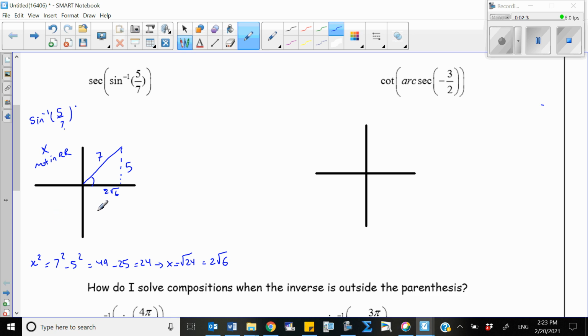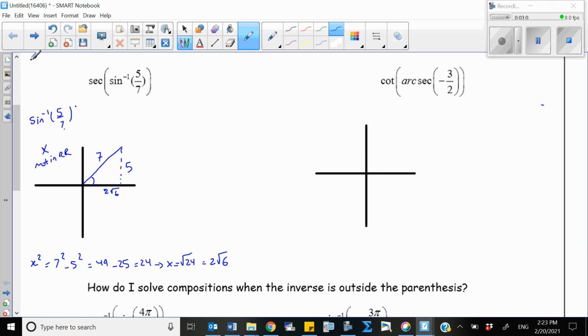Okay. Now I need to find sine inverse of 5/7. How do I find that? This is not a special right triangle, so I cannot easily guess the angle. Guess what? We don't even have to do that, because the question is asking us to find secant of this value.